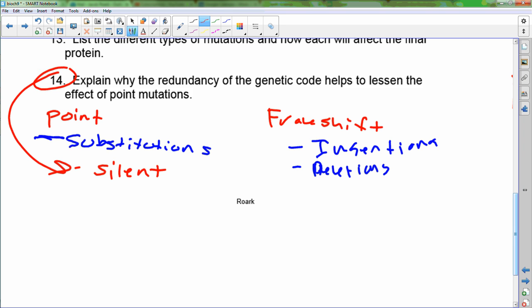So it has changed the actual code of the DNA, but you get the exact same protein. We call that a silent mutation. Then the other type of substitution, a specific one that we talked about, was what's called the nonsense. What happens when you have a nonsense mutation? Stop. You get a stop codon.